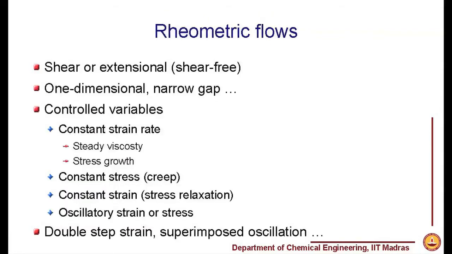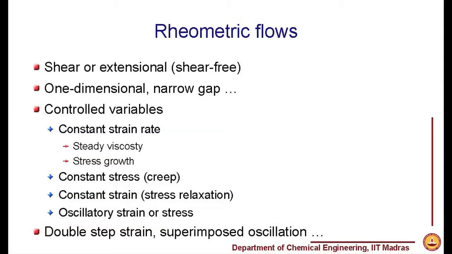And so in the next slide, we have summarized again that in rheometric flows, our objective will be to achieve a certain controlled flow, which could be shear flow or which could be a shear-free flow. Of course, all the assumptions regarding fluid mechanics in terms of one-dimensional flow, narrow gap to ensure that Reynolds numbers are low or the flow is in a particular manner, basically will ensure that we are able to do the quantification of material functions.